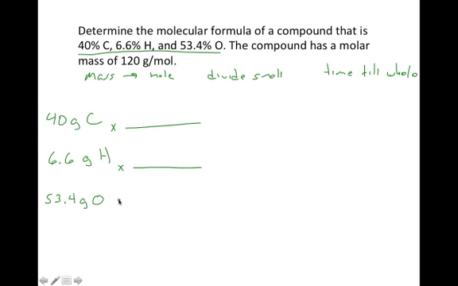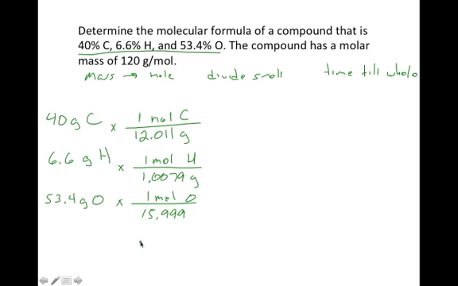Let's do our mass to moles by using the molar mass. So 1 mole of carbon is 12.011 grams. 1 mole of hydrogen is 1.0079 grams, and 1 mole of oxygen is 15.999.